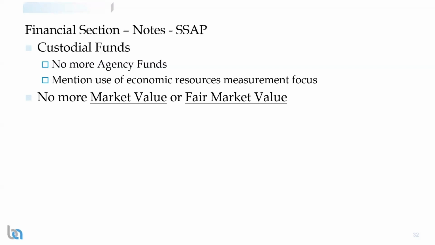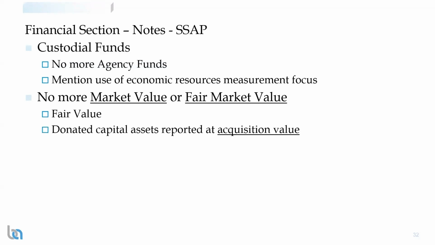Moving on to the notes. Again, I mentioned no agency funds, mentioning of economic resource measurement focus, no more usage of market value or fair market value. It's now referred to as fair value. Donated assets are reported at acquisition value.